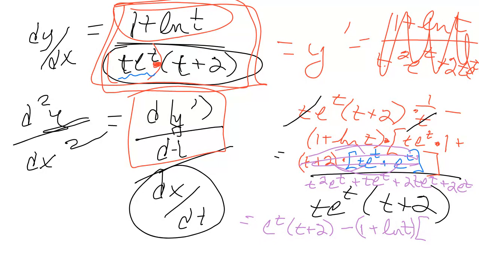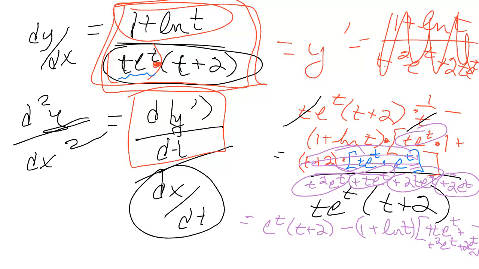And so what was left, I still had t e to the t up here, but I've got t e to the t, that's 2t e to the t plus 2t e to the t, right? And then I've got plus t squared e to the t for that one, and then I have plus 2e to the t for that one.